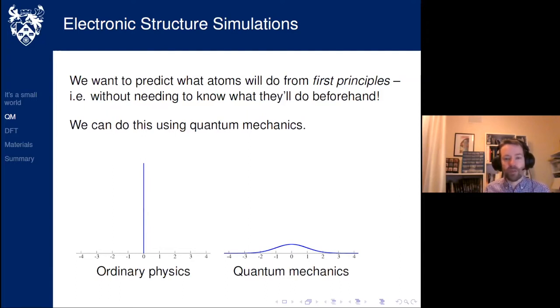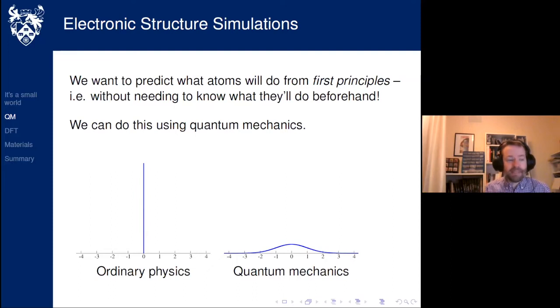Now, that's not true in quantum mechanics. In quantum mechanics, if I say a particle is at a particular location, often what I mean is that's the average position. So on the right, I've shown you the kind of probability distribution you might get in quantum mechanics, where we see that the average position is at 0. In fact, the most likely position is at 0.